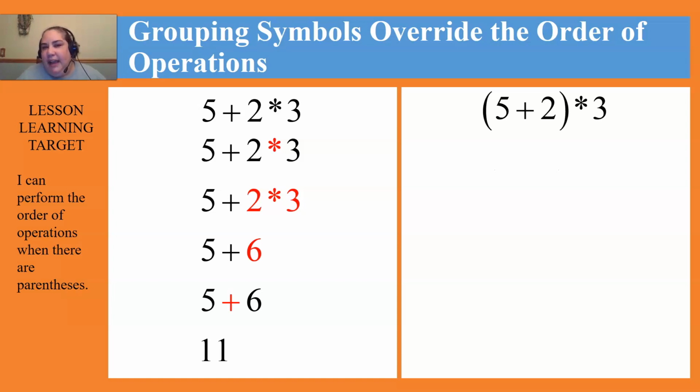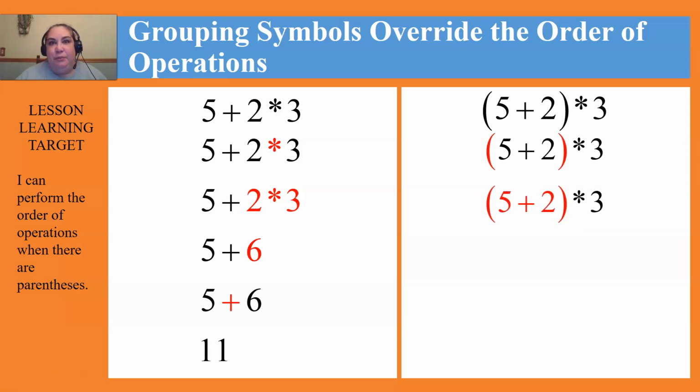But what if I wanted you to add the two numbers first? I would have to have you use parentheses. So again, we're looking at our grouping symbols, which is our parentheses, and we are going to perform the operation inside of the parentheses. So we're going to do the 5 plus 2, which is 7.